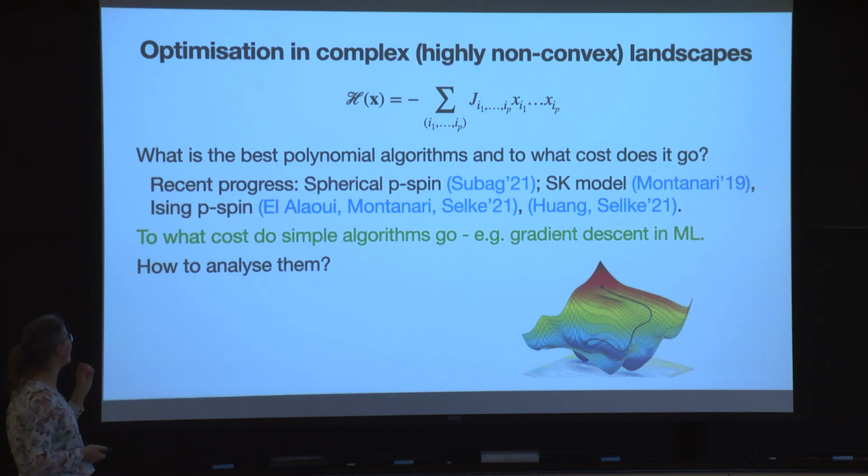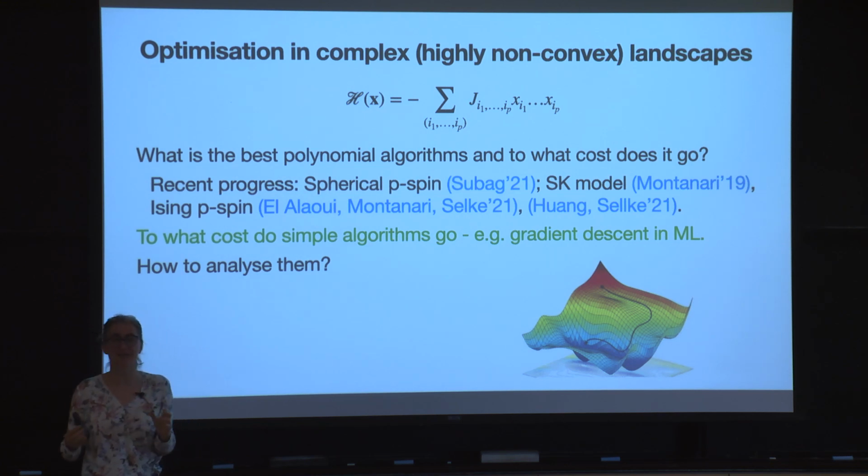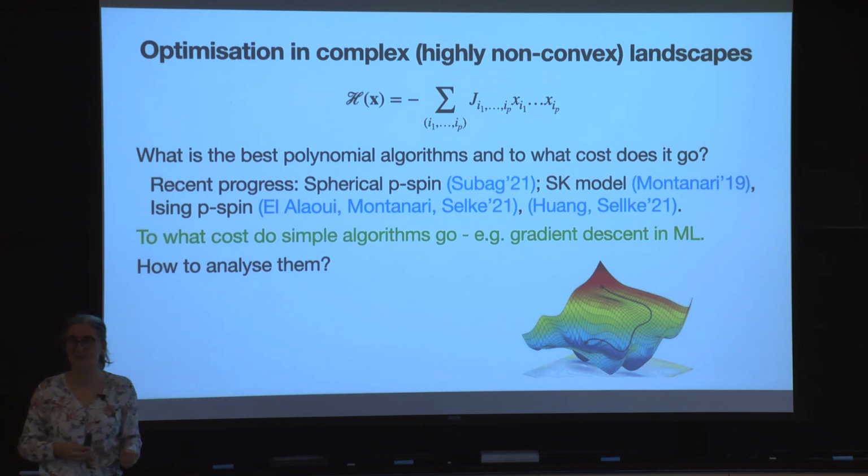But what I want to ask is another natural question. To what cost do simple algorithms go? Because yesterday we were talking about machine learning, and everybody in the computer science department who studies machine learning cares about gradient descent. I may come to them and say, look, in some simplified setting, my approximate message passing is optimal.